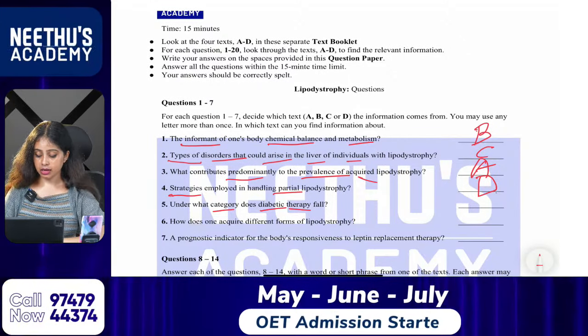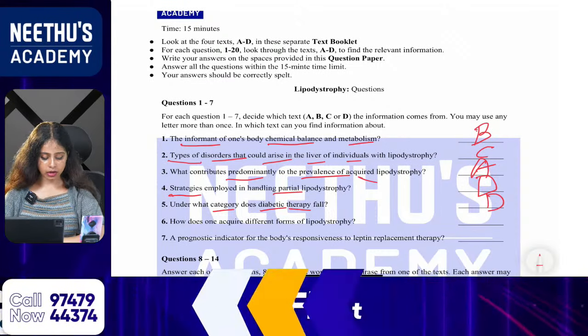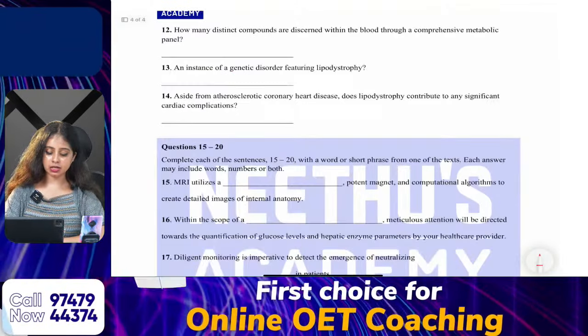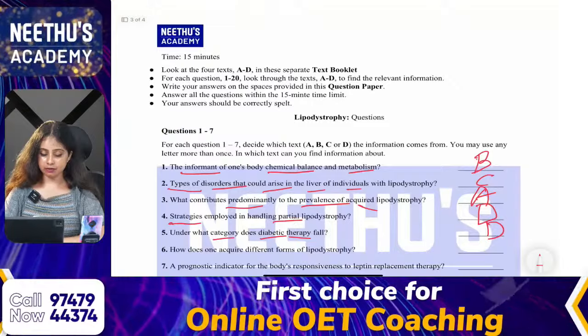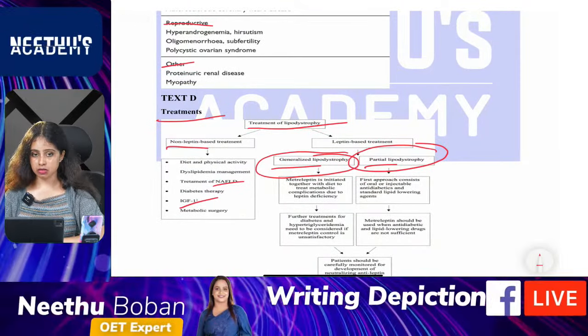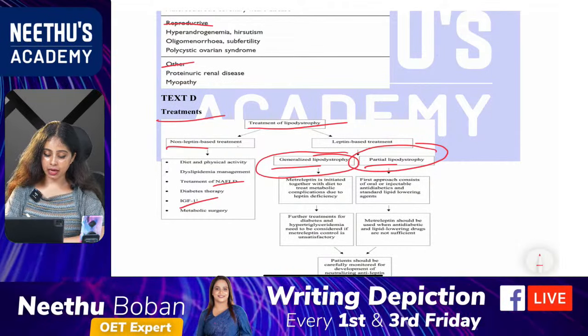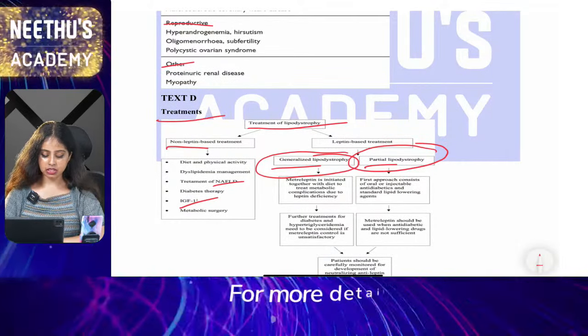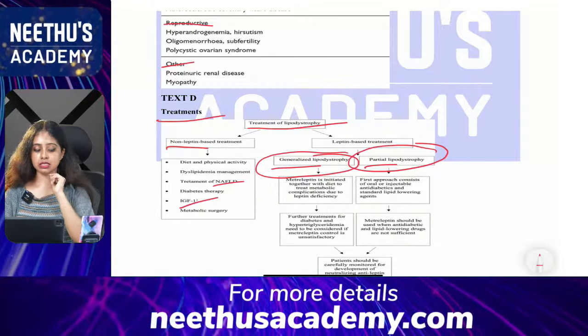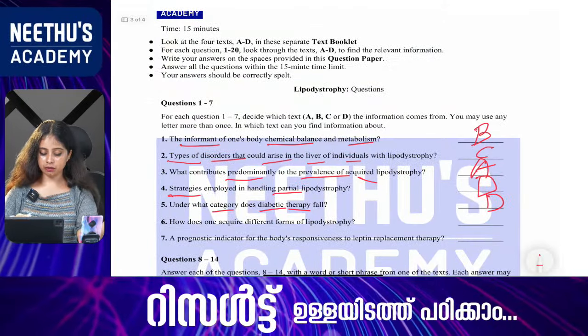It is in text D. Again in text D. So where is it mentioned in text D? As you can see, the title itself, in text D, it's all about treatments. And non-leptin based treatment. So they have mentioned clearly in this text D. Alright, so that is all about 5th question.